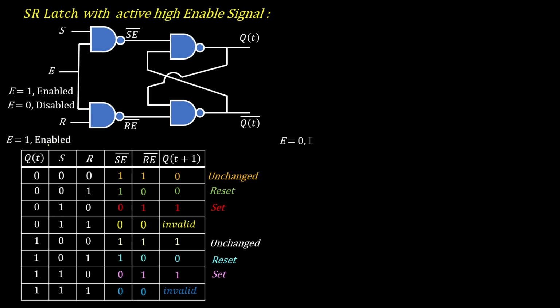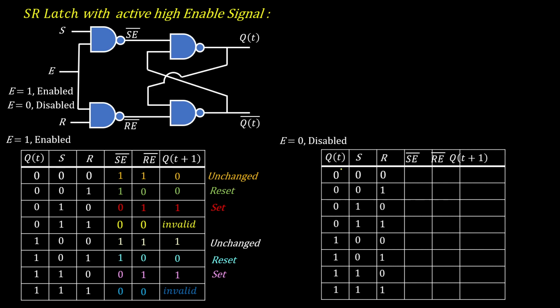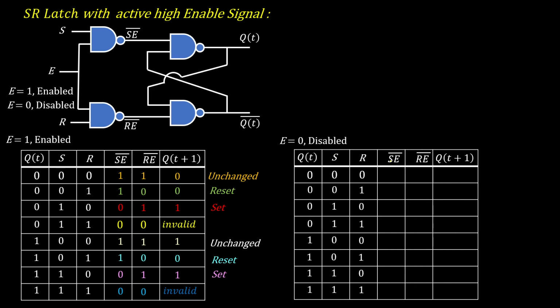Now if E signal is 0, then here we have 1, and RE bar is also 1. So S bar is 1, R bar is also 1. All S bar, R bar are 1. So this will give no change.